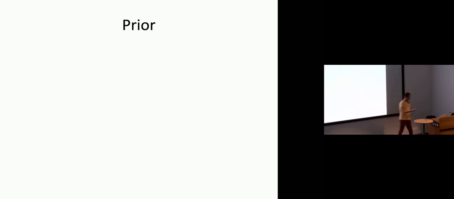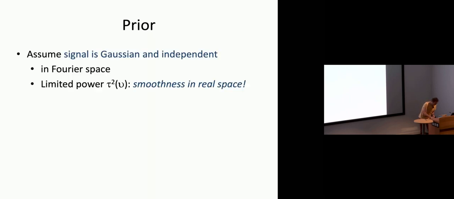Now, the first thing that we came up with, in terms of an explicit prior that you could optimize in a mathematical framework, is the assumption that the signal is also Gaussian, independent, and has limited power. Limiting the power of the signal at higher spatial frequencies in Fourier space means that what I'm going to impose on real space is some sort of smoothness.